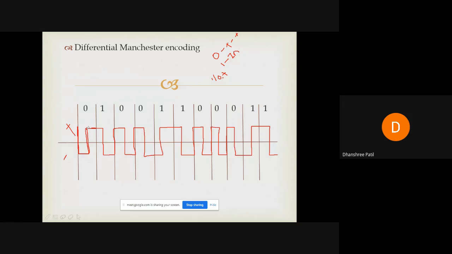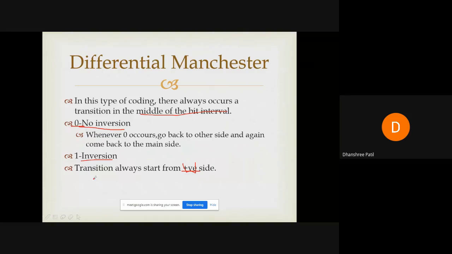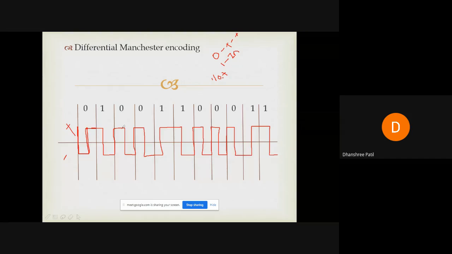Okay, then next is 1. 1 means what? 1 represents inversion. So inversion means this to here. Now the 0 is there. So here it will end. Then negative to positive and again come back to negative.